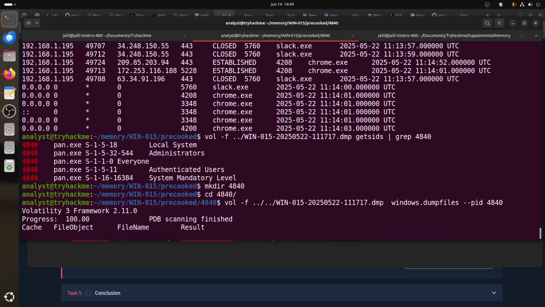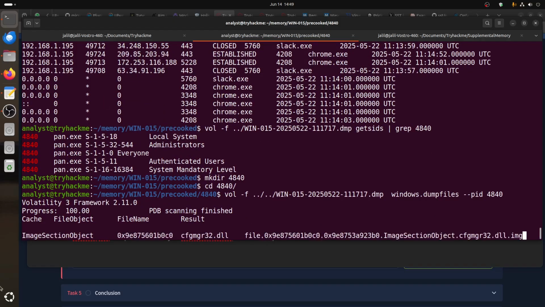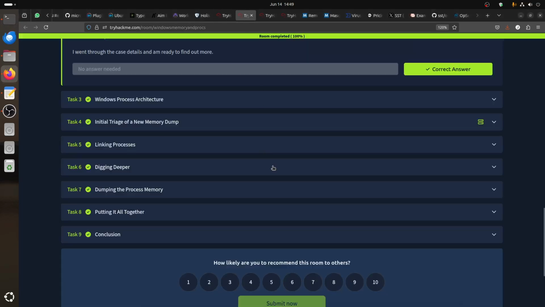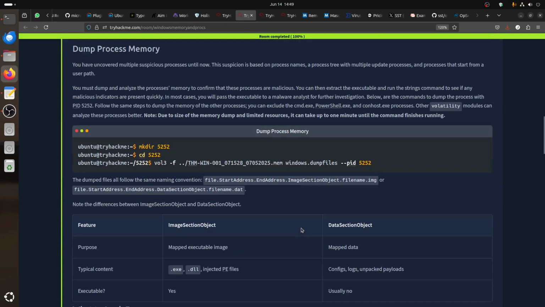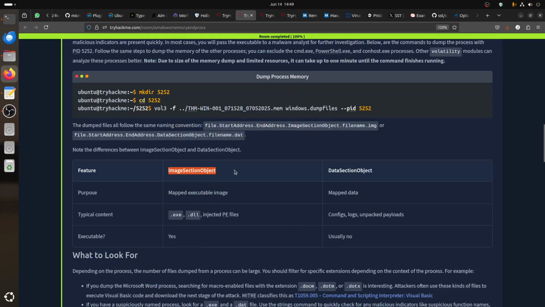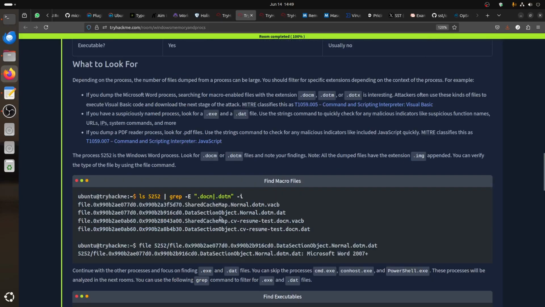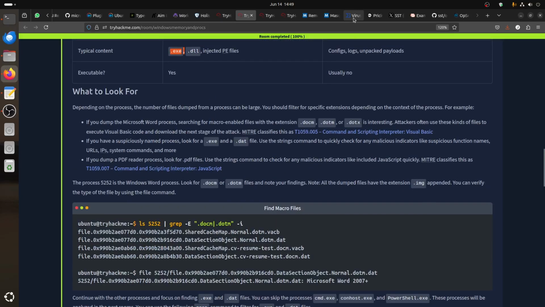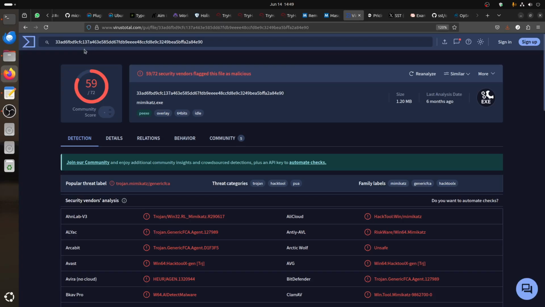It will take time. After you get it, because here we're doing process memory, this room is good, where you get the image section object and data section object, which one has the exe. From there, for example, if I take the hash value to VirusTotal, it can tell you it's Mimikatz. You can see it's already flagged as a Mimikatz Trojan.